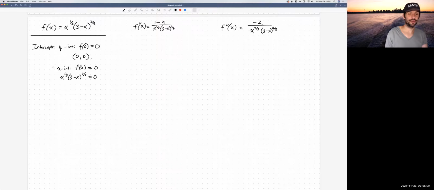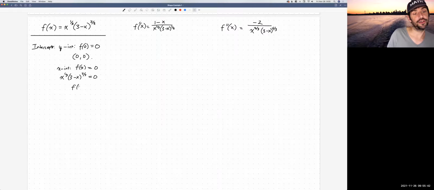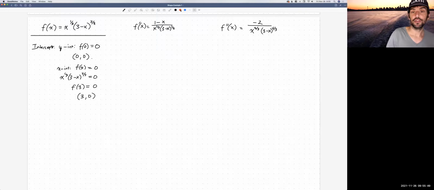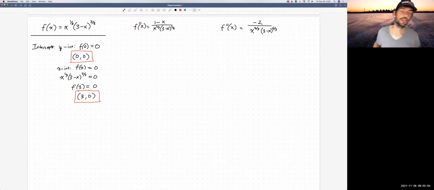One of them has to be 0. Either x is 0 or 3 minus x is 0. The exponents don't change that. We need that base number to be 0. So we get another place where this is 0. F of 3 is equal to 0. So we get another intercept of 3, 0. So let's just box these points we know our graph goes through.